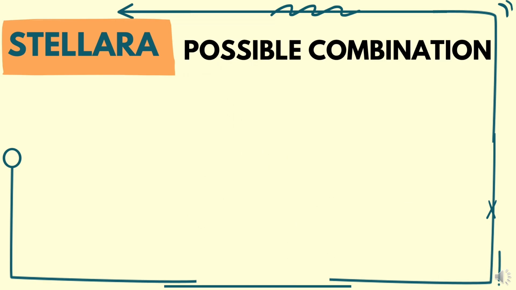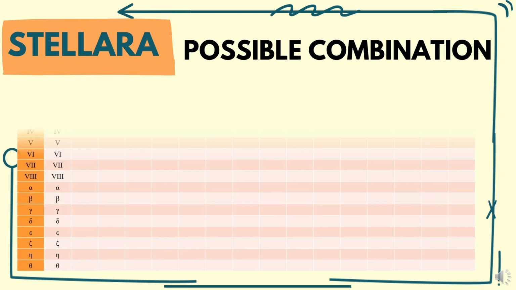So this is the possible outcomes of our combinations of A star 1 until, hanggang sa, 1 star theta. 1 star 1 hanggang 1 star theta.